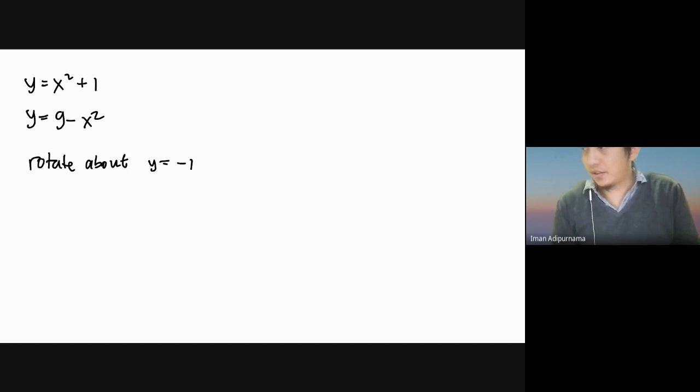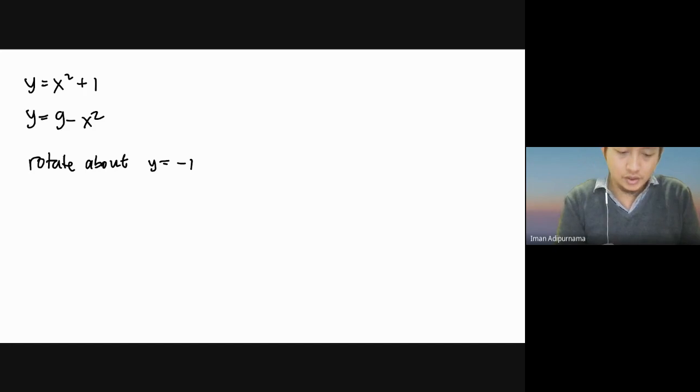The important thing in this chapter 6 on volume is to differentiate the method, which method we are going to use, the disk method or the shell method.